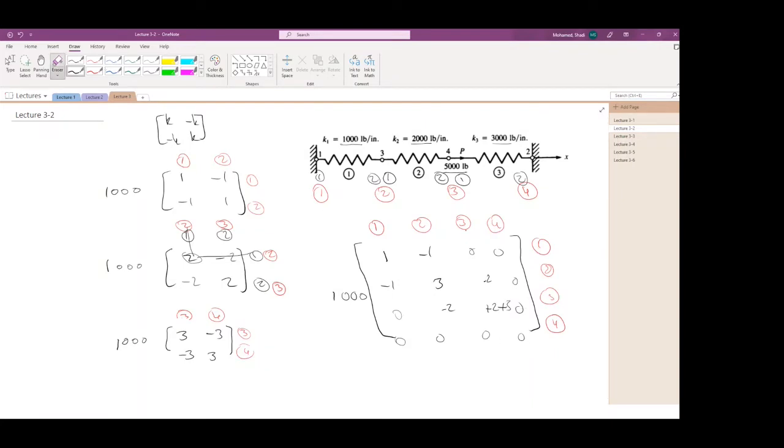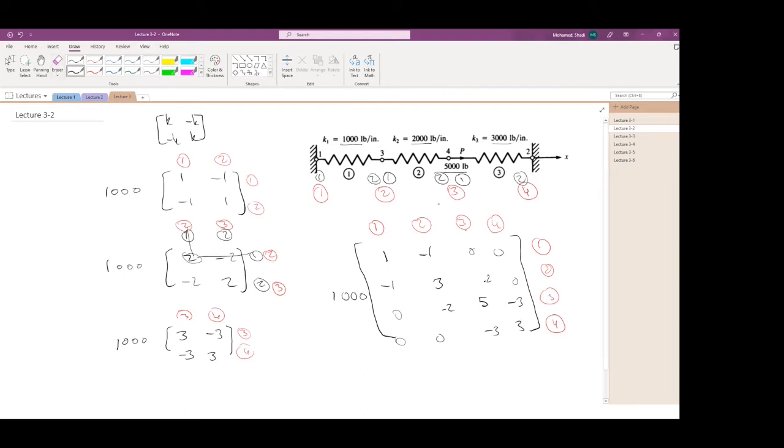I'm just going to write them down in there. Oops, I just removed this guy here as well. So there I will have a 3 + 2, 5, -3, -3, and 3 positive. Now this is the stiffness matrix.